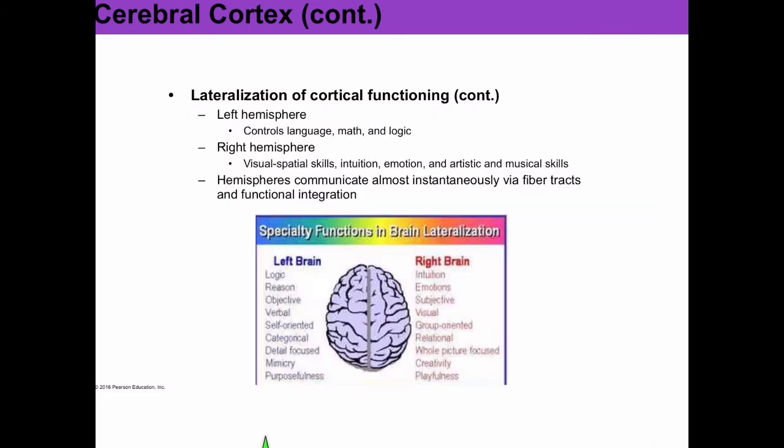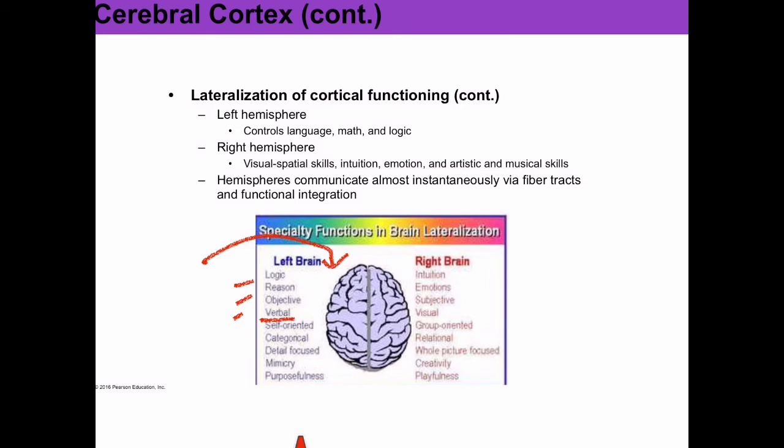Okay. So over time there was this idea, and it somewhat may hold true today. I didn't specialize in psychology at all, but the idea was based on some evidence at the time that your left brain would control things like logic and reasoning, and that it was primarily verbal.